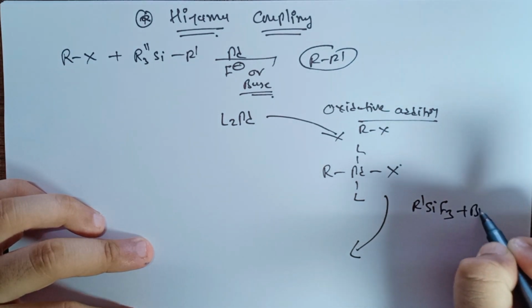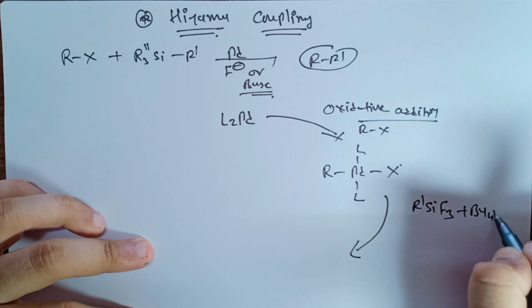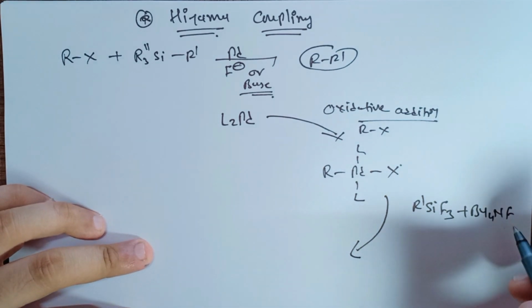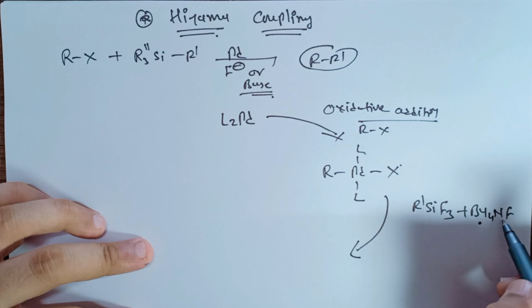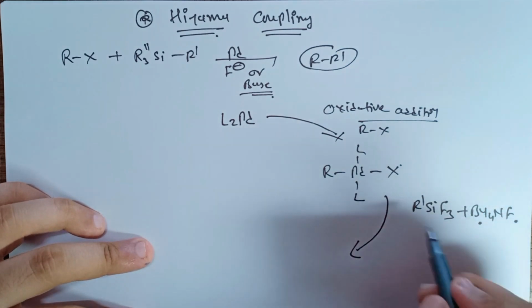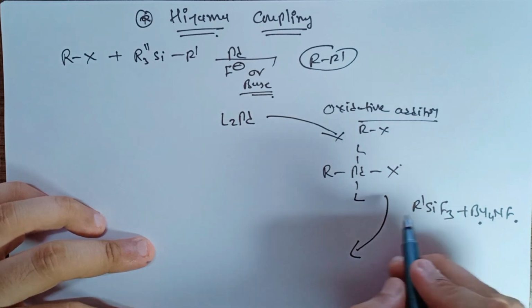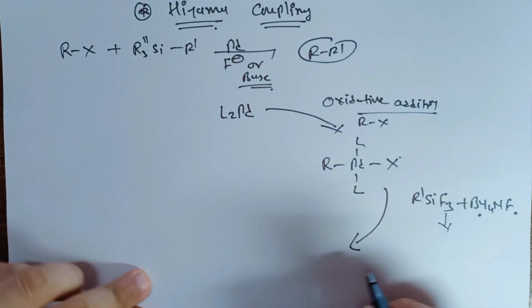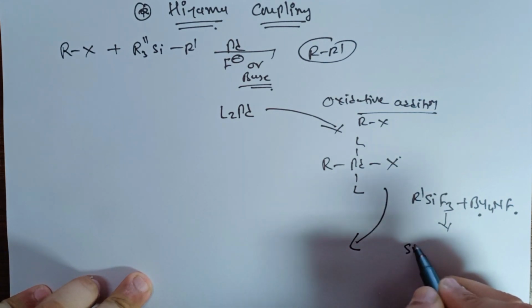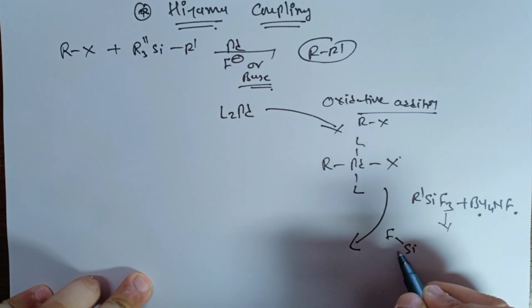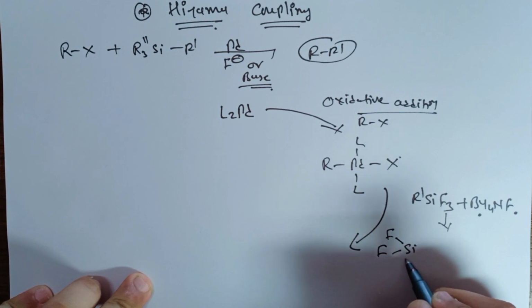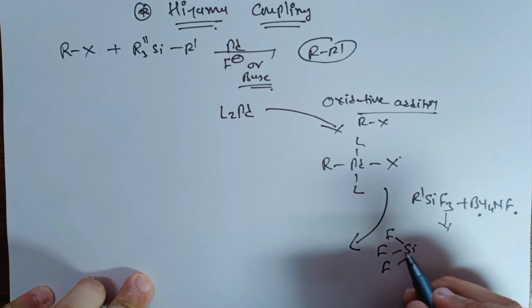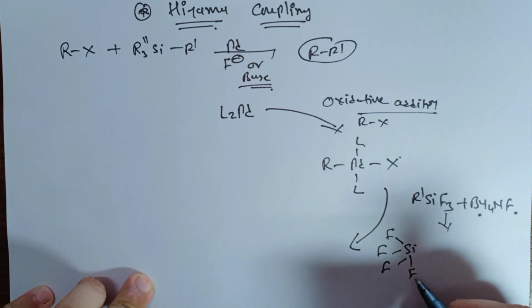When it is reacted with N-butyl4 NF, this is known as tetrabutyl ammonium fluoride, it will produce this type of compound. Here we are having a silicon that is attached with fluoride and fluoride groups over here. So now this fluoride group will be attached over here.